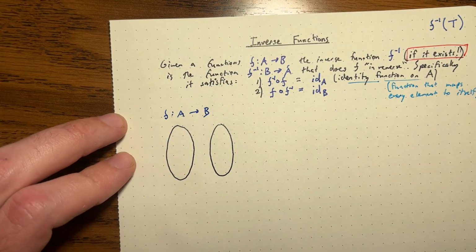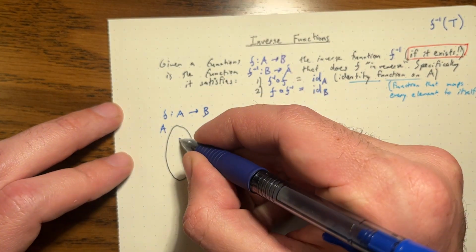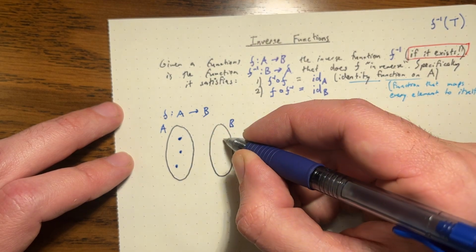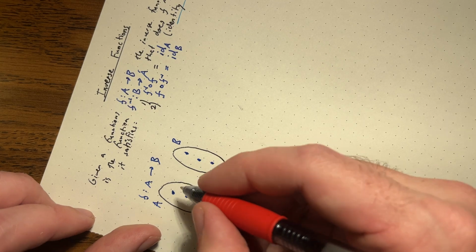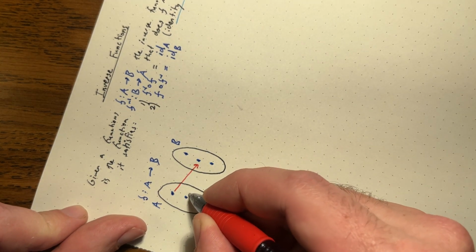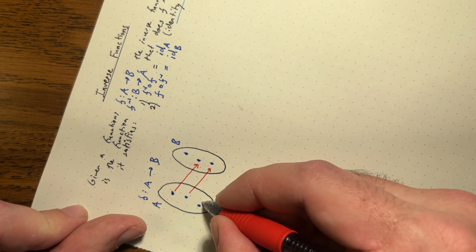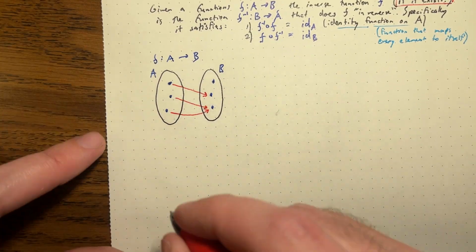So just draw two sets, A and B. Here's A, here's B. And let's draw a few elements of A and some elements of B. And I'll use one of these arrow diagrams. So let's say we map that to that. Let's say this one is going here. And this one is going, let's just make it go to there. So this is a function here.